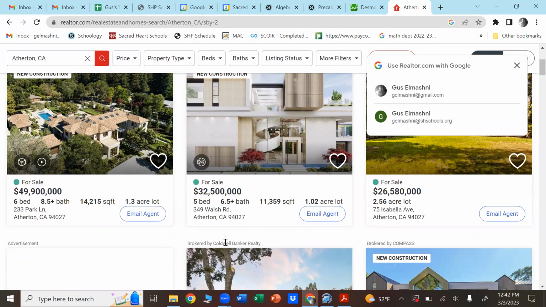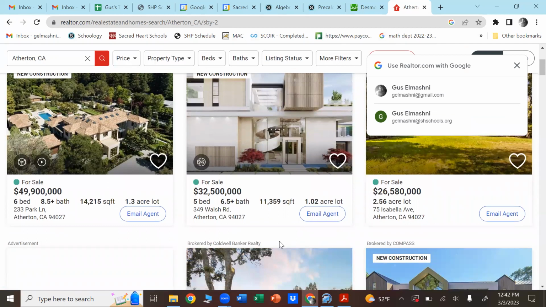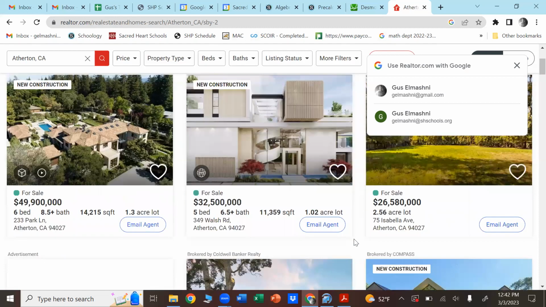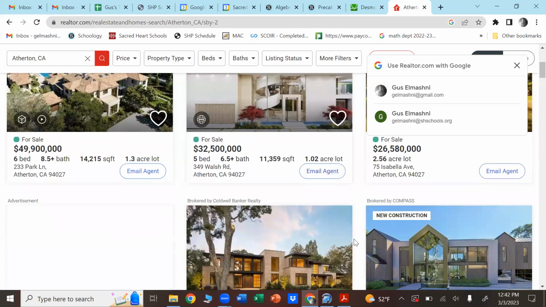Walsh Road. I wonder if that's close to where the CEO of Google lives, on Walsh Road, I think. I used to tutor his daughter many years ago. Anyway, that would be the absolute maximum, right?